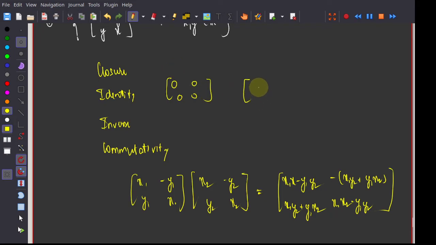What about the multiplicative identity? Identity basically you take x equal to 1 and y equal to 0. Correct. What about the inverse? Okay, what is it?